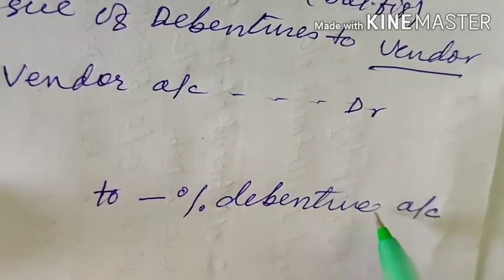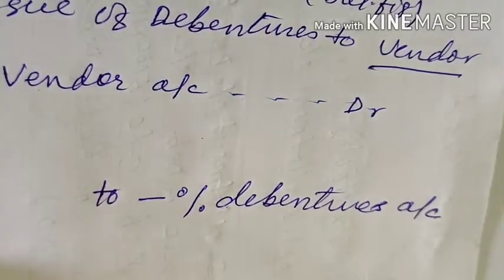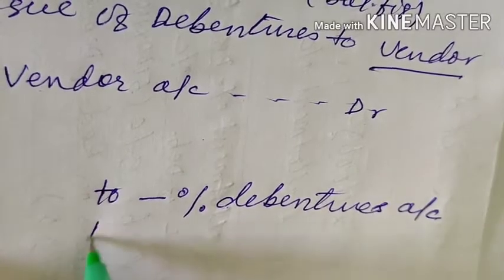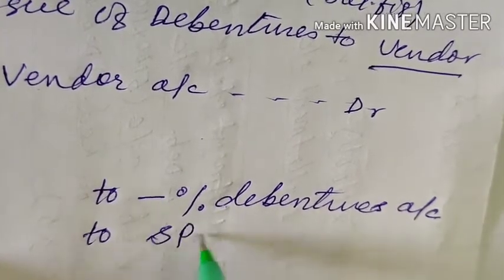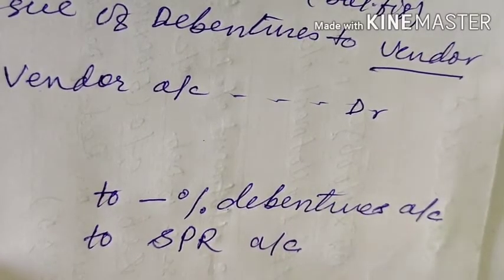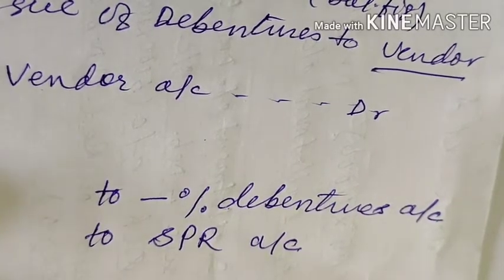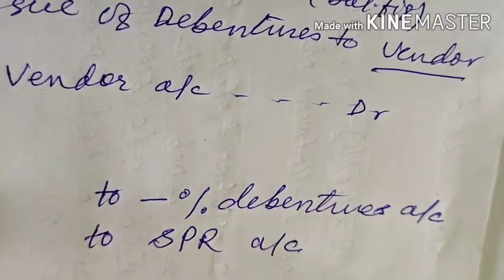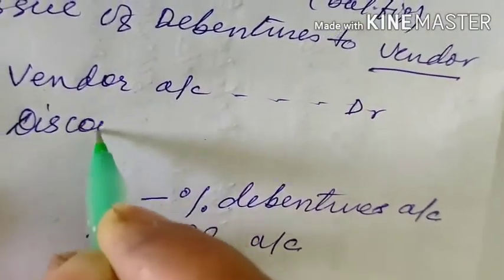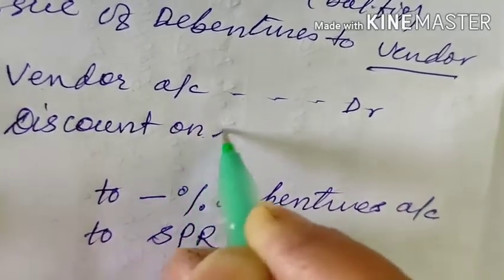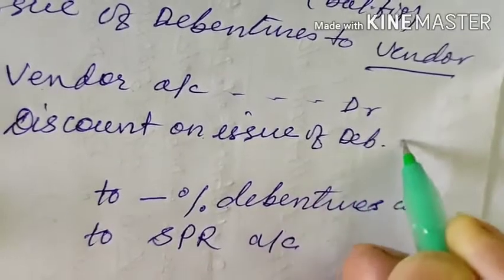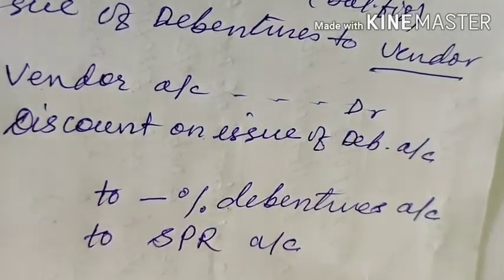Now these debentures can be issued at a premium. If issued at a premium, we'll have to credit SPR account, that means securities premium reserve account. And if it is issued at a discount, then we will have discount on issue of debentures account.